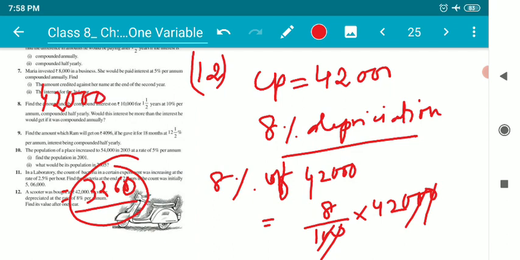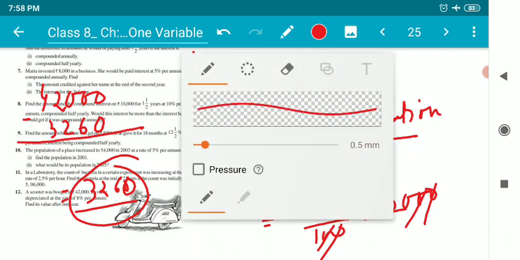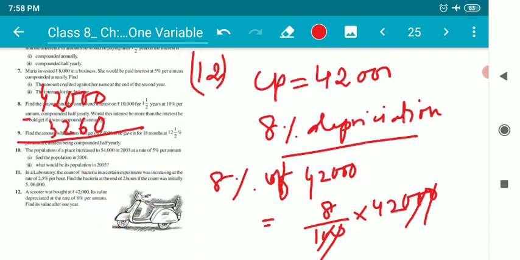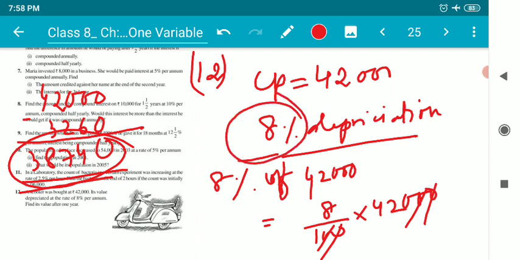So 42,000 minus 3,360 rupees should be subtracted from it, because the price reduced. So 38,640 rupees will be the price after 1 year, as there was a depreciation of 8% per annum.